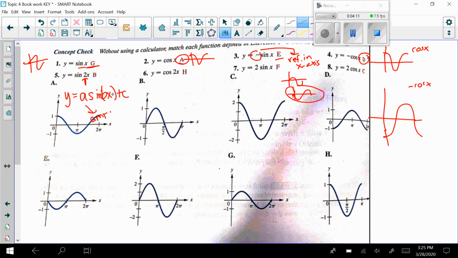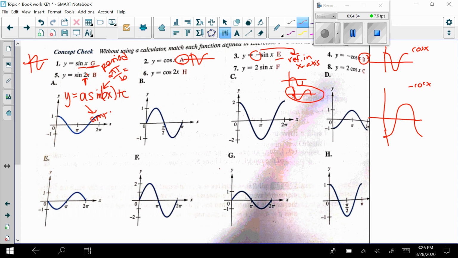And then this B is how you find the period. You do 2 pi over B to find the period. So hopefully that tells you the frequency right there, right? B is the frequency, how many times it'll cycle through in 2 pi. So 2 pi over the frequency will give you the period.